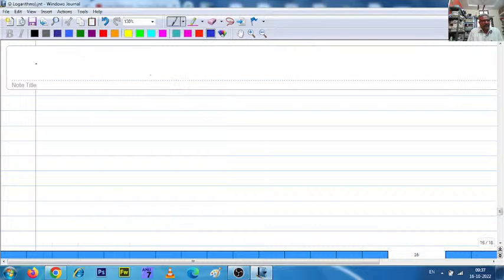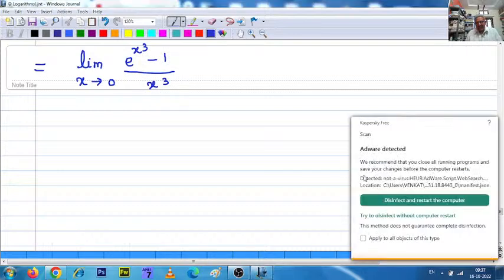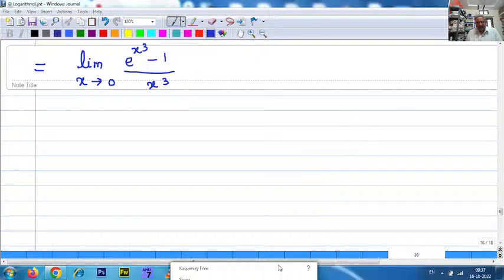So next, this is equal to, we are going to write limit x tends to 0 e power x cube minus 1 by x cube. Clear? Right.